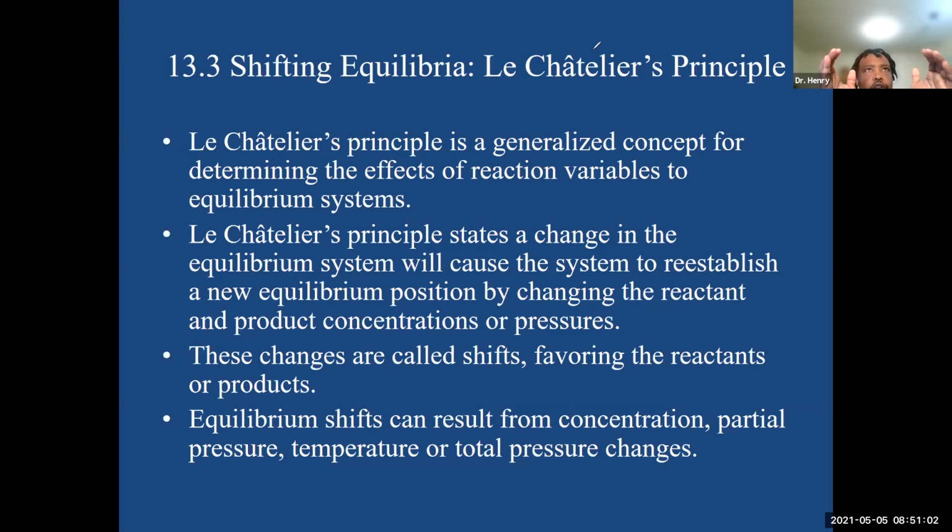When things are out of whack, say we're putting something into a system and it's not initially at equilibrium, then it's going to shift accordingly to try to get to equilibrium.